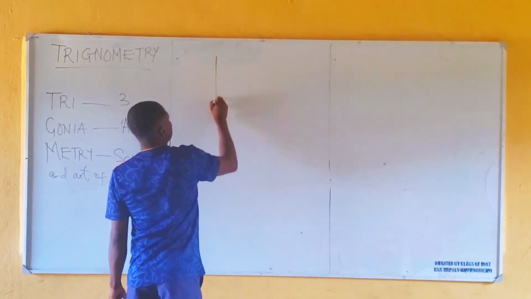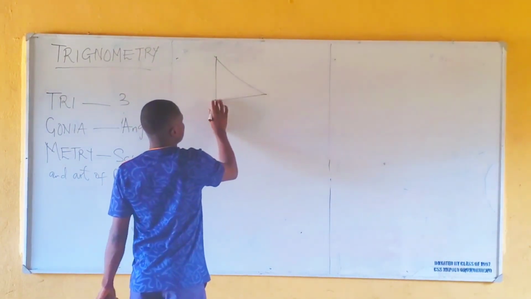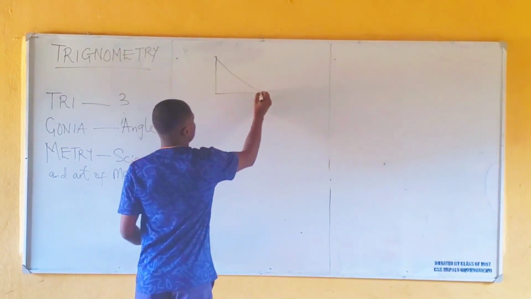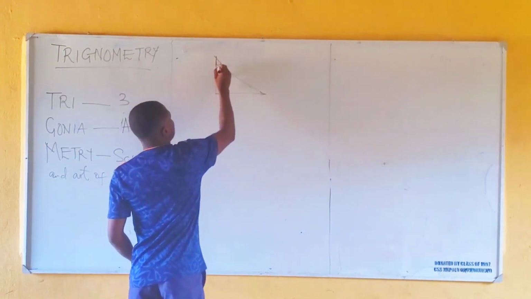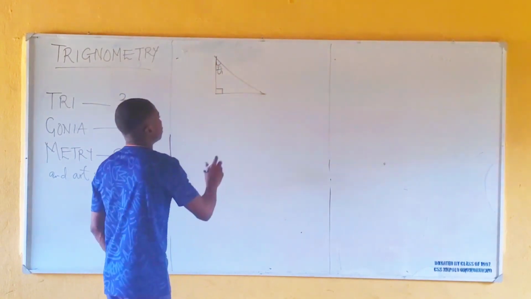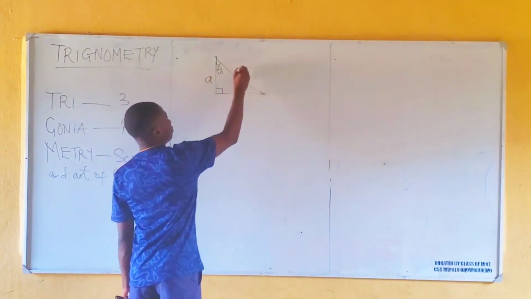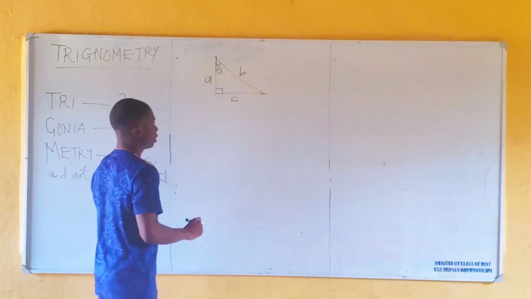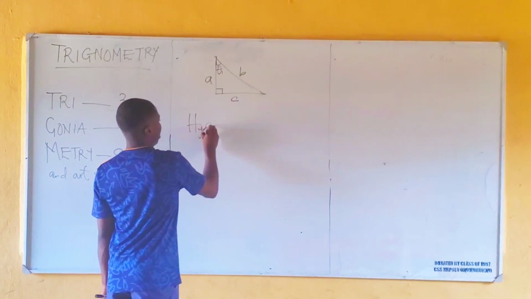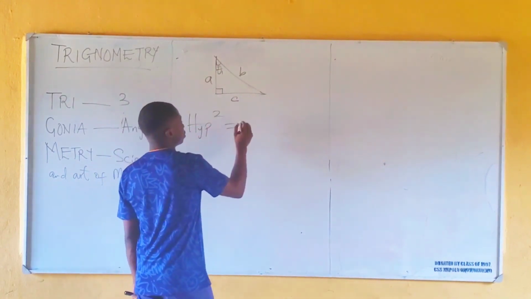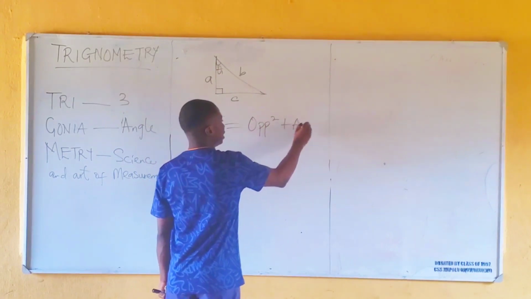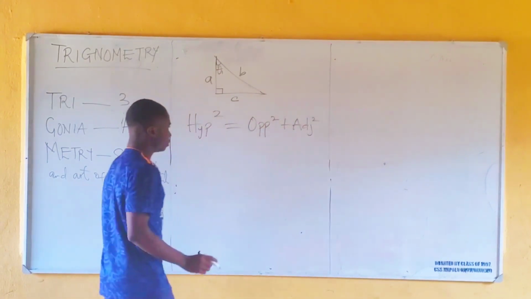So now let me redraw the triangle. This is theta 1. This is angle 90. So we have here A, B, C. According to Pythagoras' theorem, hypotenuse squared equals opposite squared plus adjacent squared.